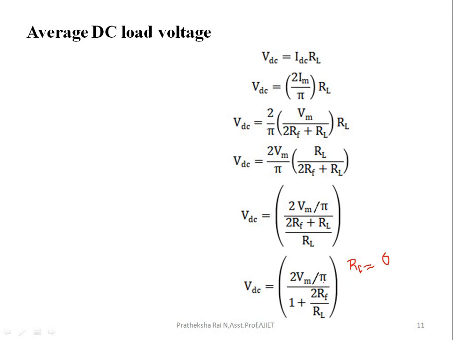VDC will be equal to 2 Vm by pi, because this parameter Rf becomes 0, and 1 plus 0 is 1. So 2 Vm by pi divided by 1 gives 2 Vm by pi. That is only when it is the ideal case. Otherwise, we have to consider the forward resistance of the diode. Okay, so the average DC load voltage is found.